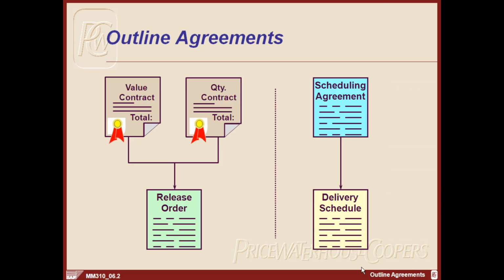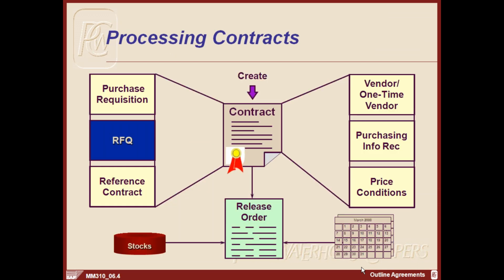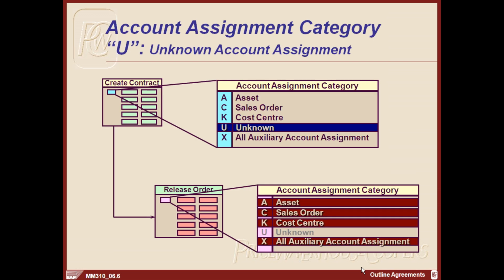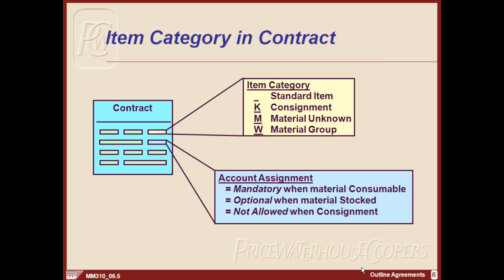Let me give you an example. Normally this value contract is used in cases where you have the AMCs, annual maintenance contracts. For example, you have been procuring Dell hardware, be it laptops or desktops, or any other services from Dell.